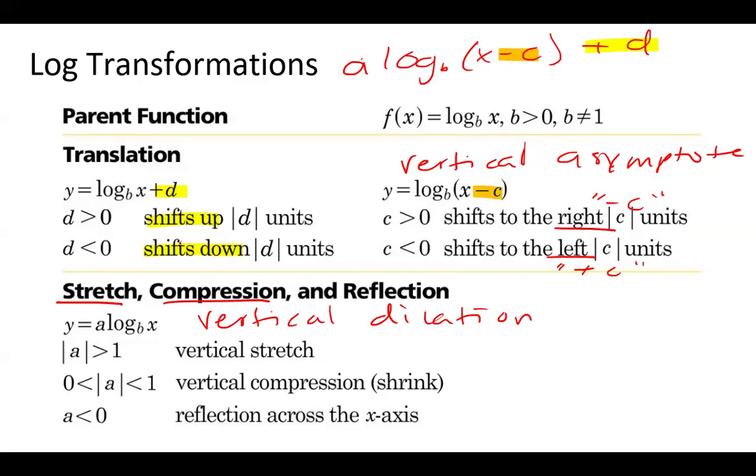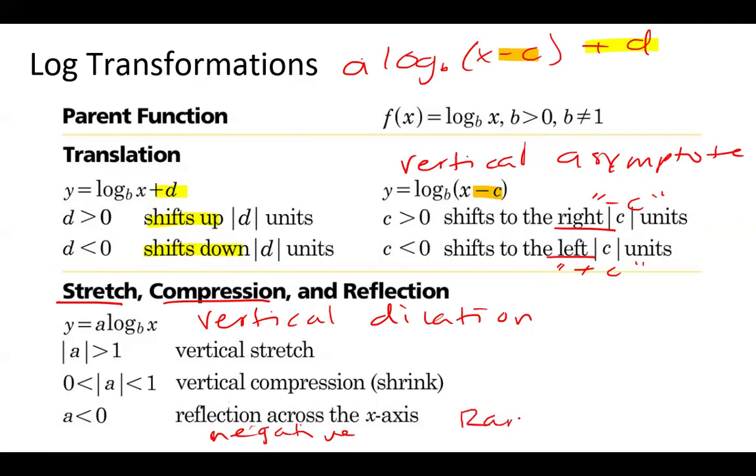All right. Now, if A is negative, so if A is less than 0, what that's going to do is it's going to affect your domain. Not your domain. It's going to affect your range. Does that make sense? If it's negative, that means you're reflecting over the x-axis.